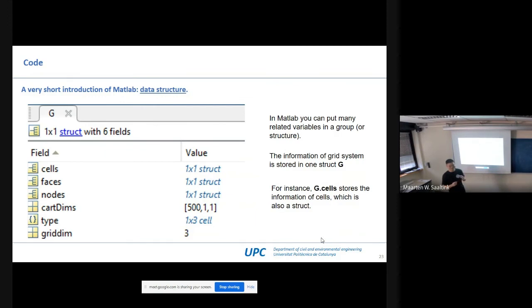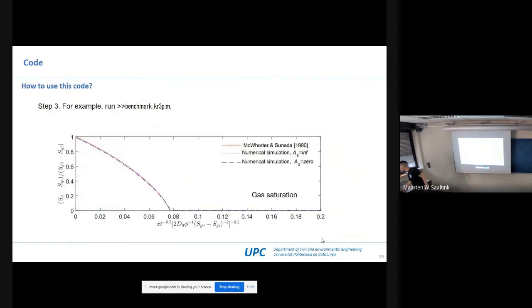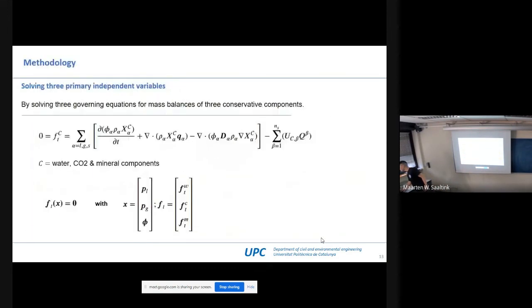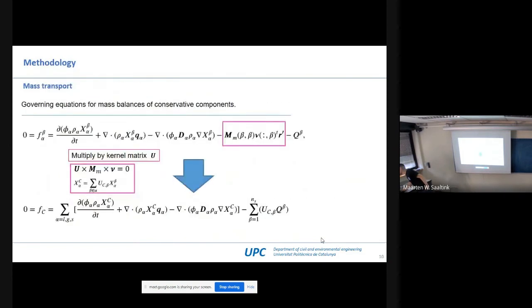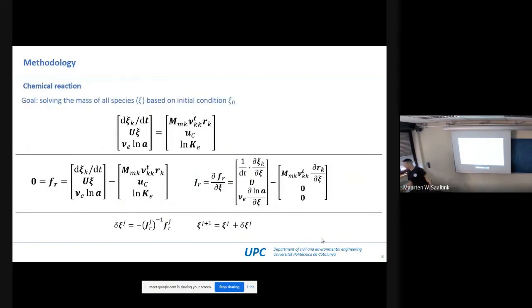No, I think, go to... You have a system where you solve the chemistry. This is the last part of the solving process.